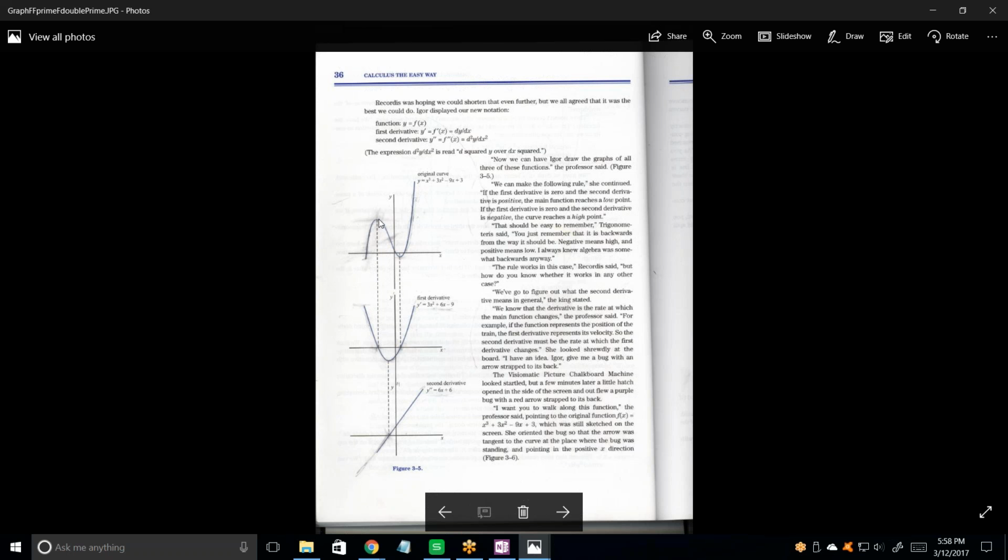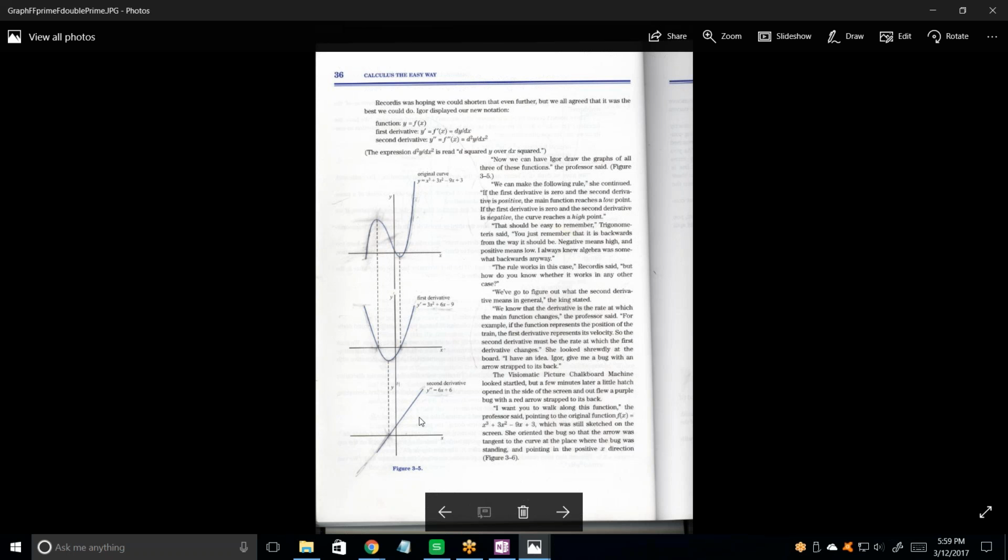When the original function is decreasing from this point to this point, first derivative has to be negative, which it is. When the original function has flat horizontal tangent lines, the first derivative has zeros at those two spots.